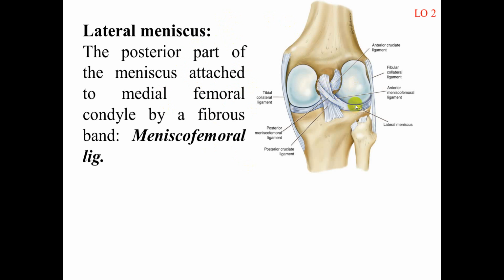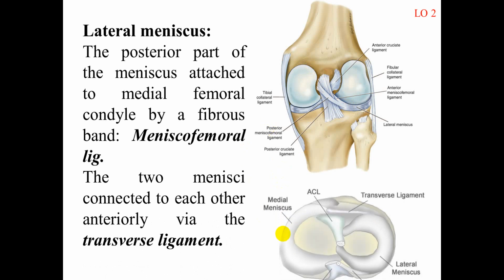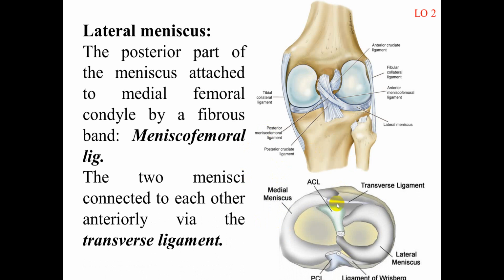This is the meniscofemoral ligament, attached between the posterior aspect of the lateral meniscus and the medial femoral condyle. The two menisci are connected to each other anteriorly by what is called the transverse intermeniscal ligament, which connects the anterior two horns of the menisci.